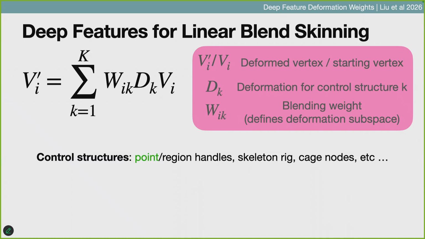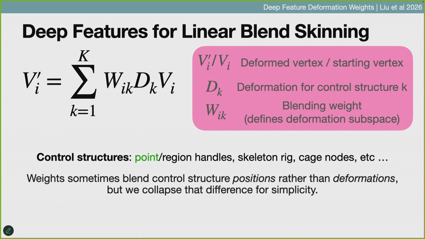And control structures in this case is a deliberately vague term because they can be any kind of lower dimensional structures such as points, region handles, skeleton rigs, cage nodes, etc. You could even have virtual control structures which are not represented in 3D space at all, simply floating in abstraction space. But in this work, we just focus on the simplest kind of control structure, which is a point handle.